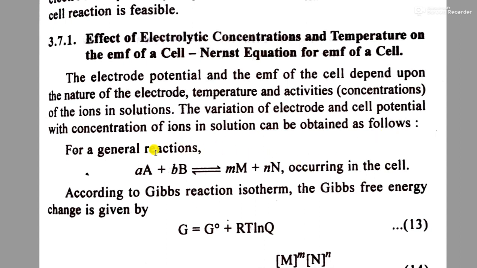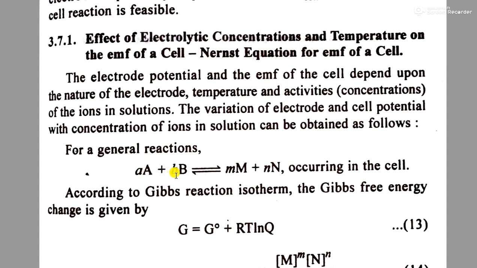Now we are considering a general reaction like this. A molecules of capital A. So this is a number of moles. Small a is the number of moles here. A is the species or the molecule.